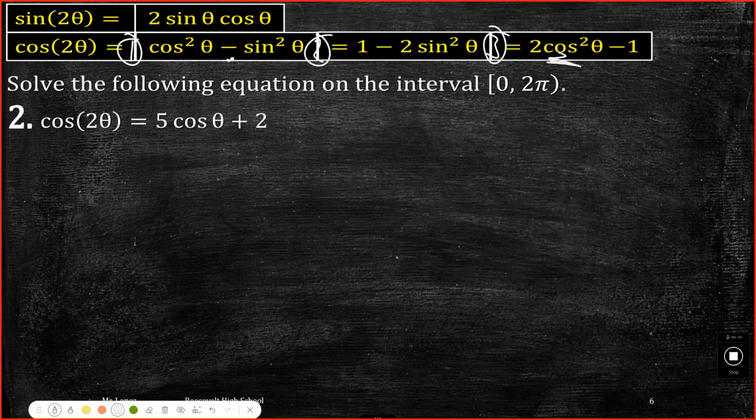Because this has cosine and the other side has cosine. Stick to the third one. If this one had been 5 sine theta, you would have used this one. So you don't want to be using just any random one. All right, so let's use the third one.